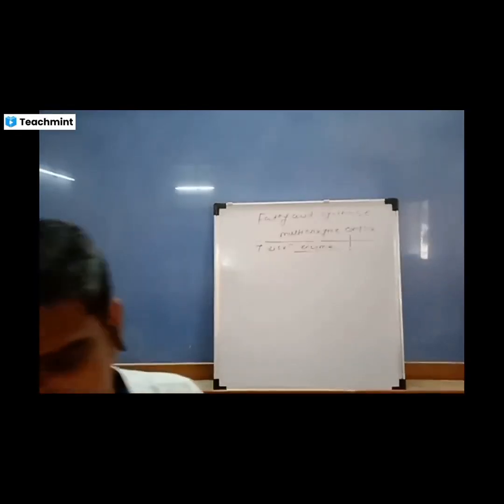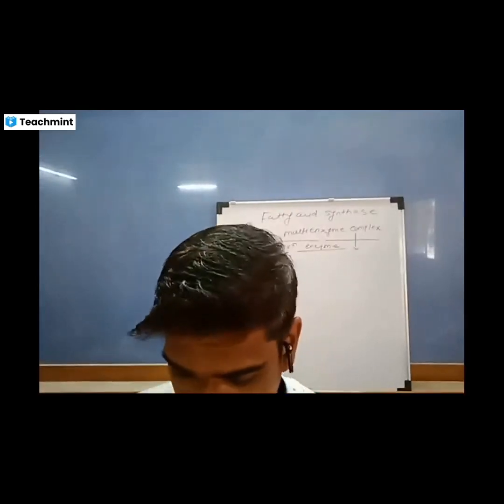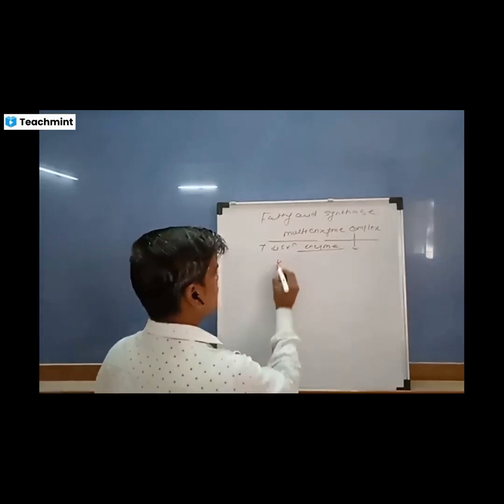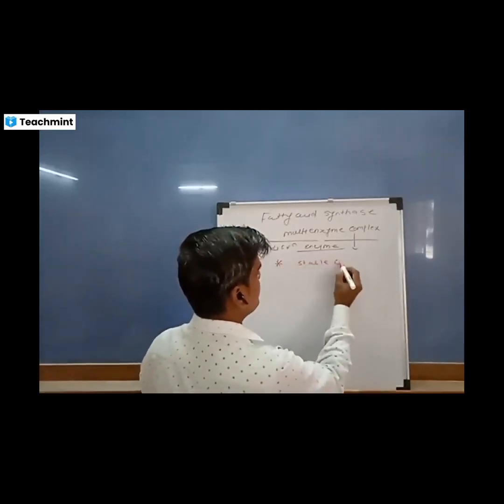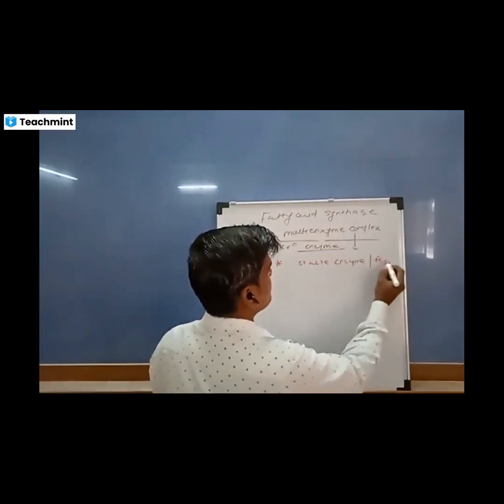First of all, we are going to study the different advantages of a multi-enzyme complex over a single enzyme. The first advantage is that they are more stable than free enzymes.